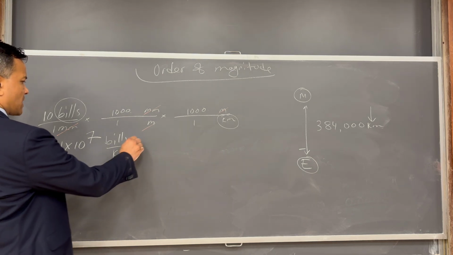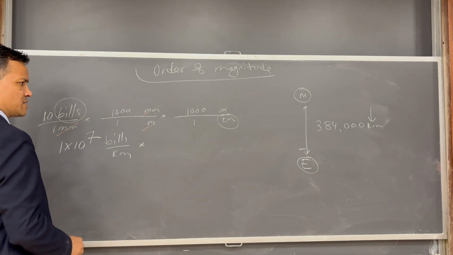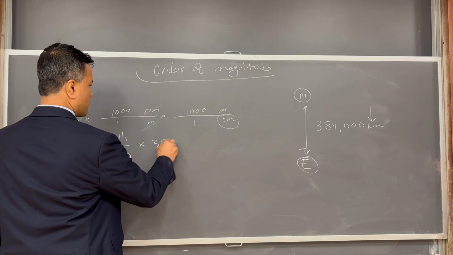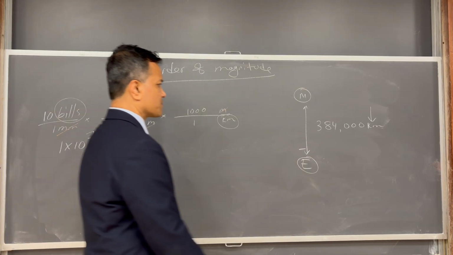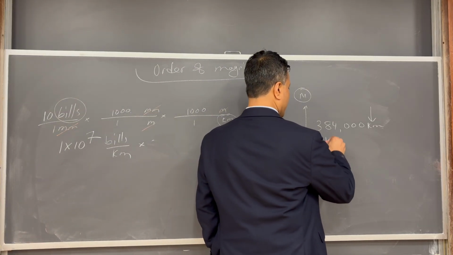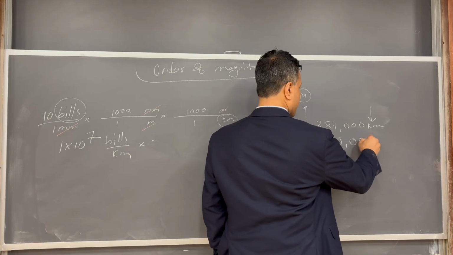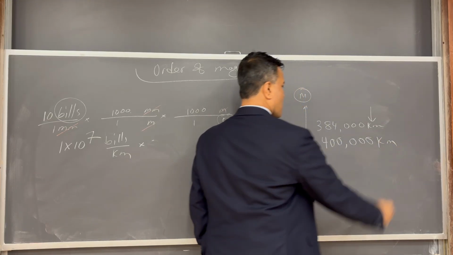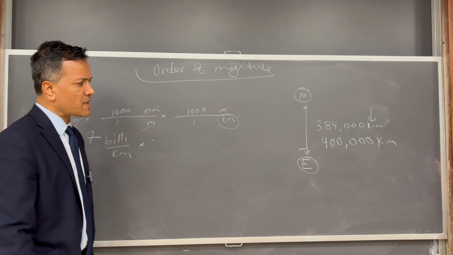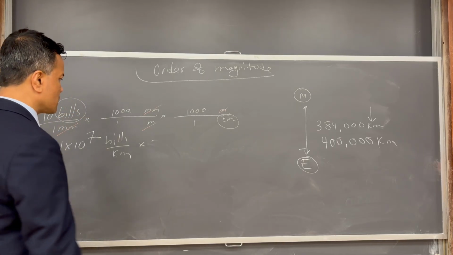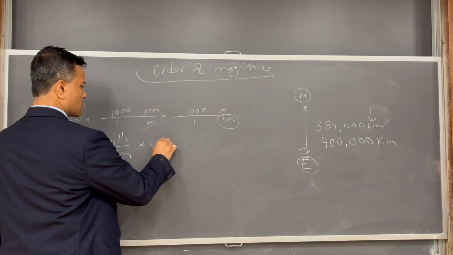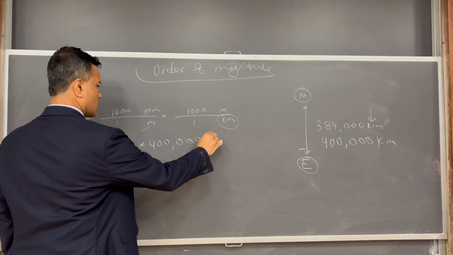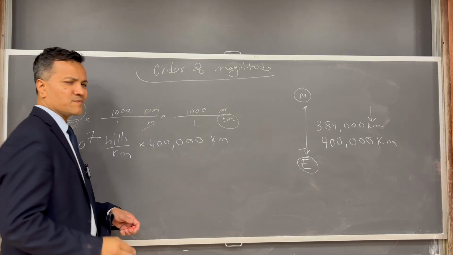You have to multiply this guy with the distance between Earth and Moon, 384. Well, let's round it because this is all guessing, right? This is approximately 400,000 kilometers. So let's write 400,000. Do we care about the precision?